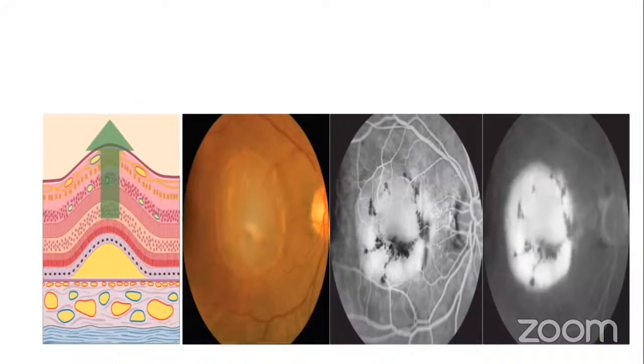This will tell you the level of what's going on. In this late phase, look very well. You can see the vessels, empty vessels, well delineated above the hyperfluorescence. So it tells you the level where this is happening.